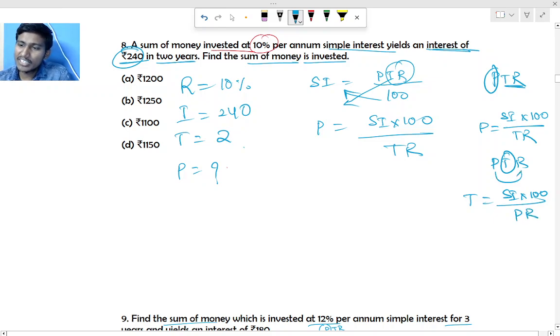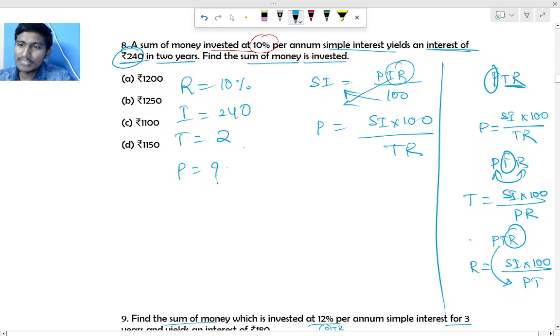You have to divide with PR. If you want to find R, R is equal to simple interest into 100 divided by PT. This is what you have to remember. Principal will be simple interest into 100 divided by TR.